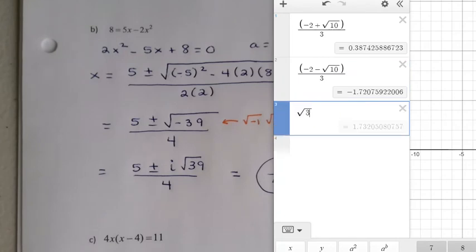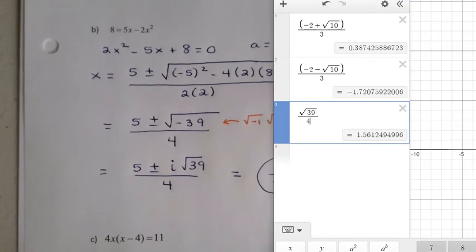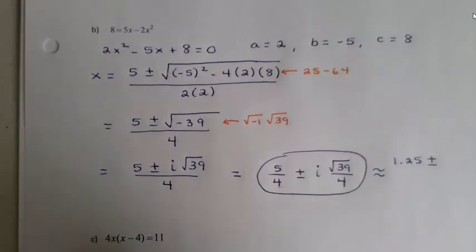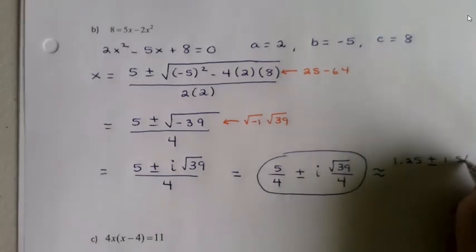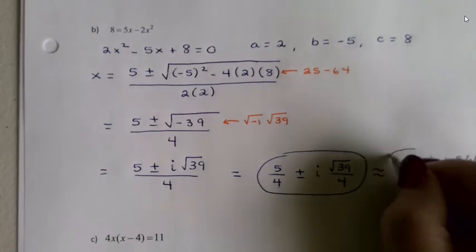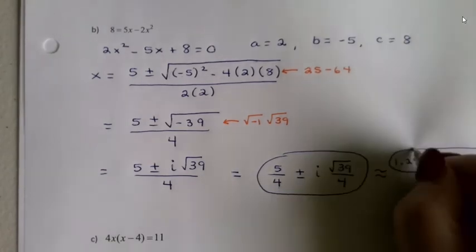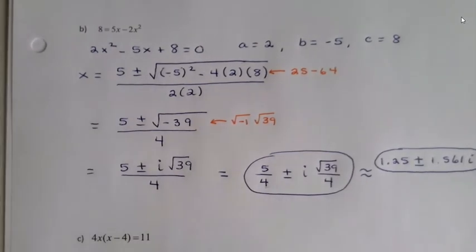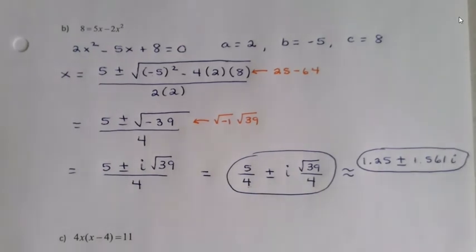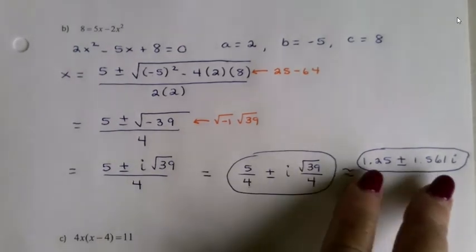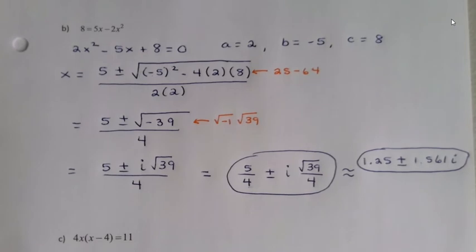Square root 39 divided by 4. It's about 1.561 i. That would be acceptable. Make sure you can see the i there. But don't try to combine the real and imaginary. Those are not combinable, right? You got to leave the real and imaginary separate.